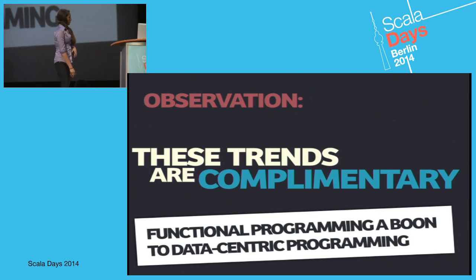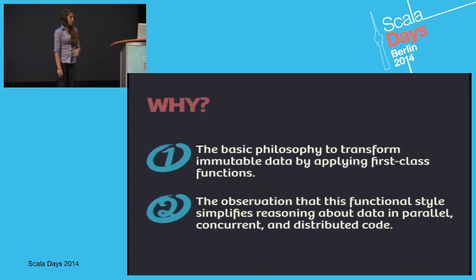So functional programming is pretty helpful in this data-centric world because of two basic ideas. One, you have this basic philosophy of applying functionality to transform immutable data by function application. And it follows that it simplifies reasoning about data in parallel, concurrent, distributed code because you avoid things like data races and whatnot.